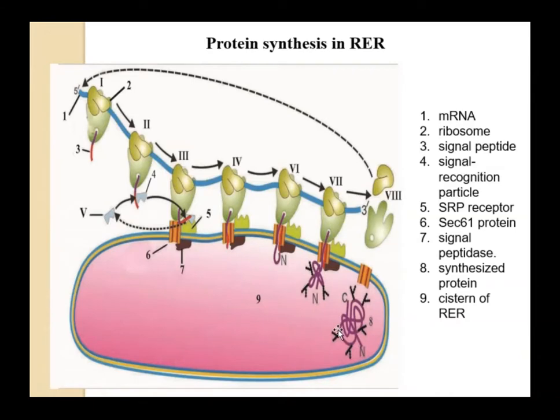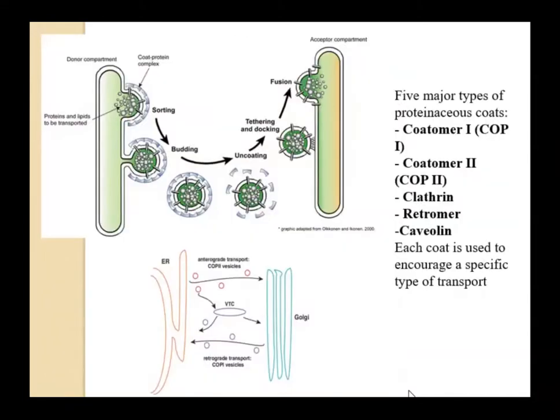It may undergo initial stages of segregation, glycosylation, and other needed steps of modification. Then the completed proteins will be packaged into transfer vesicles to leave the RER and be transported to the Golgi apparatus for further post-translational modification and final packaging.